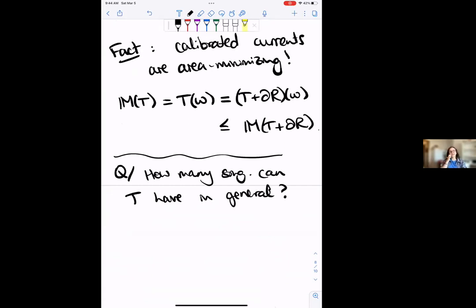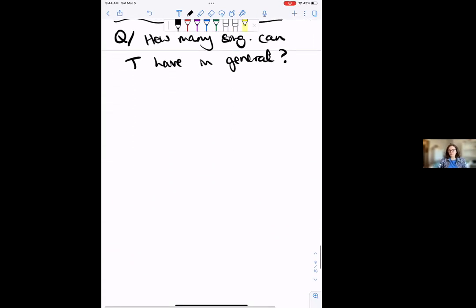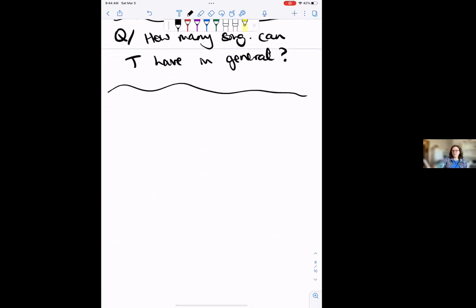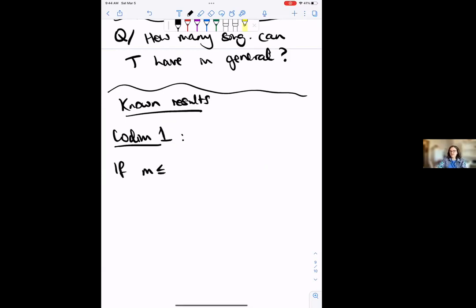And it turns out that yes, actually, both of these examples are sharp, and the picture is very different depending on whether you're in codimension 1 or higher codimension. So let me write what is known. Known results. In codimension 1, if M is at most 6, then the singular set is empty.